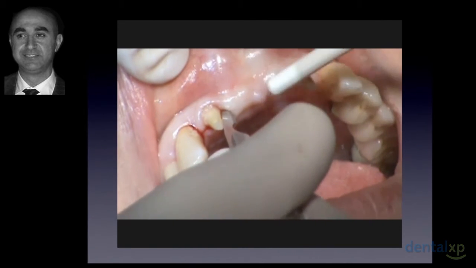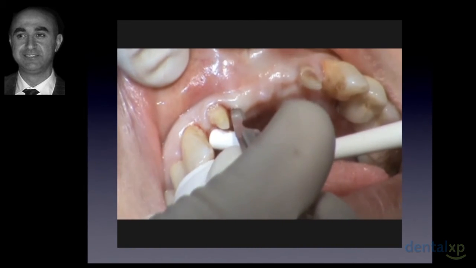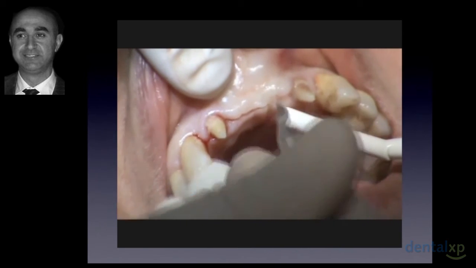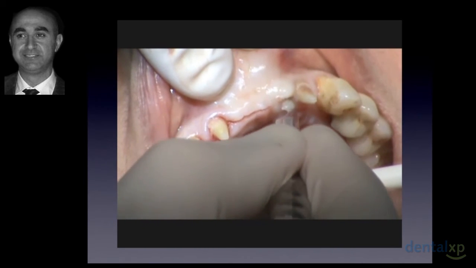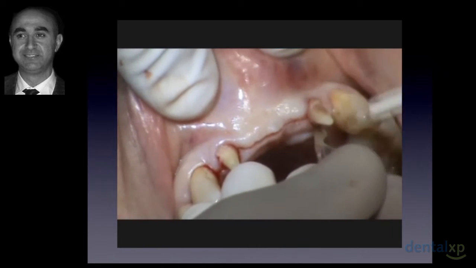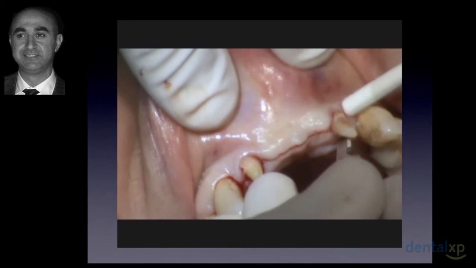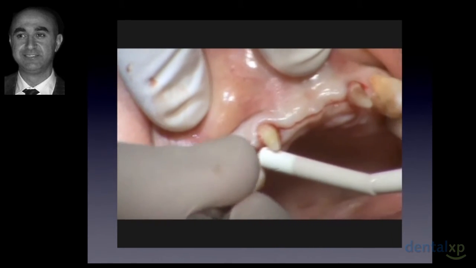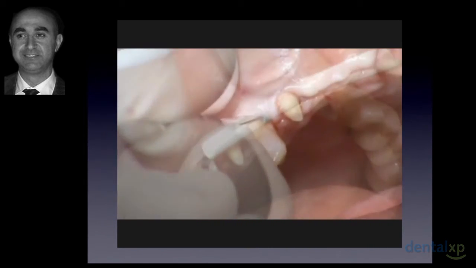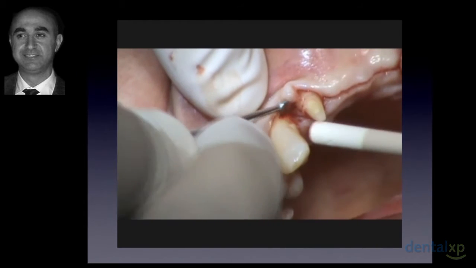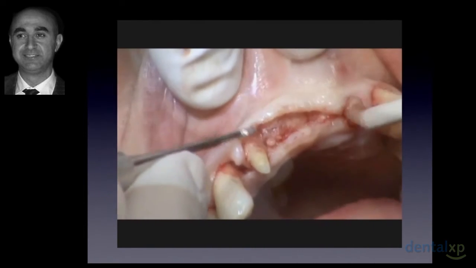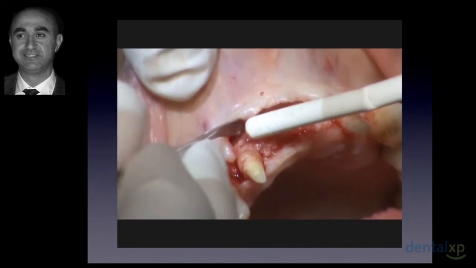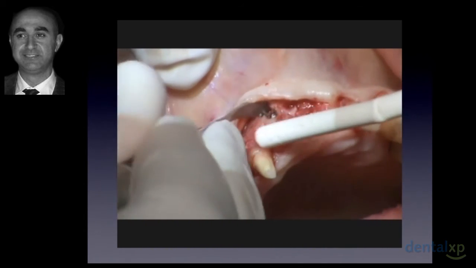Now, coming to the surgery of the second stage, opening of the flap to expose the block grafts and remove the fixation screws. Of course, always using microsurgical instruments and handling the soft tissue and the hard tissue very meticulously, using a micro periosteal elevator, slowly elevating a full thickness labial flap.